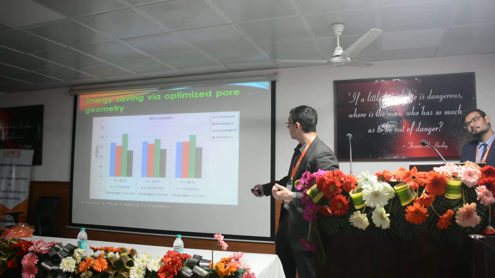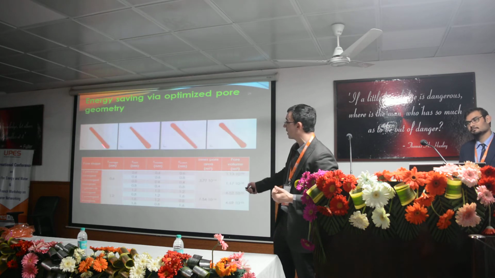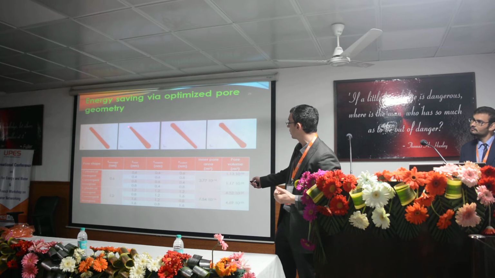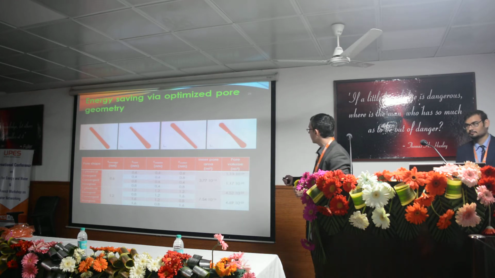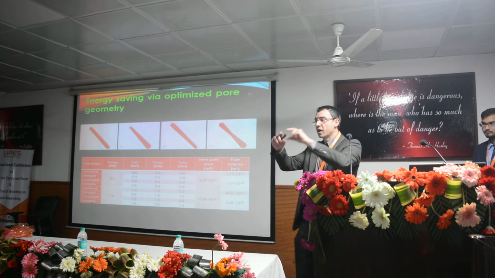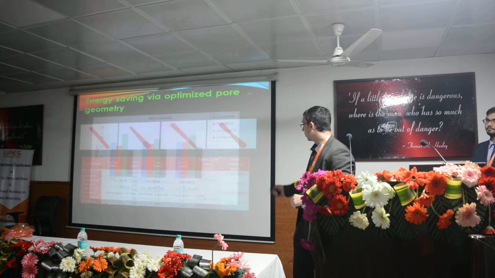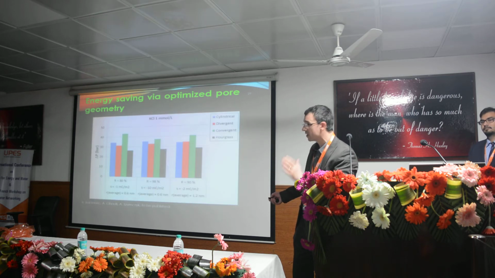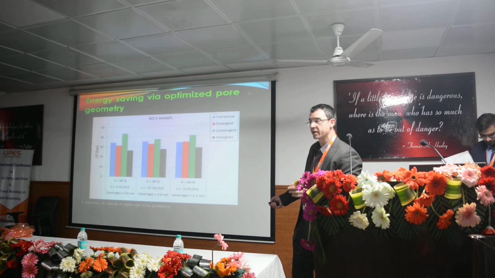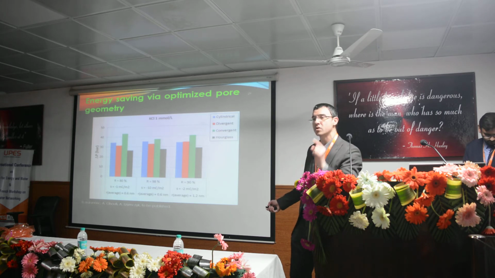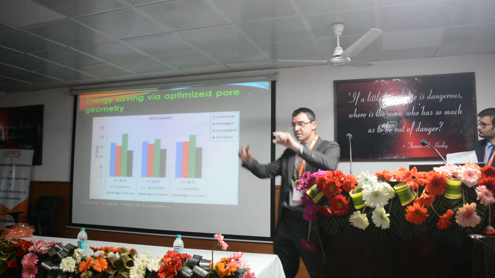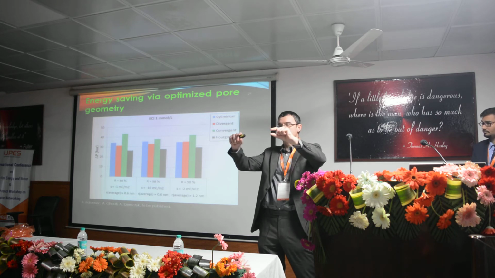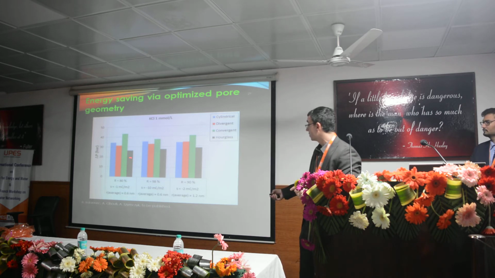And we consider different systems: cylindrical nanopores, conical nanopores with a divergent or convergent shape, and this kind of biconical pores with this hourglass shape. Okay, and what we observe is that for all cases, the pressure difference that is required to reach the target rejection is always much lower if you use these hourglass shaped pores.